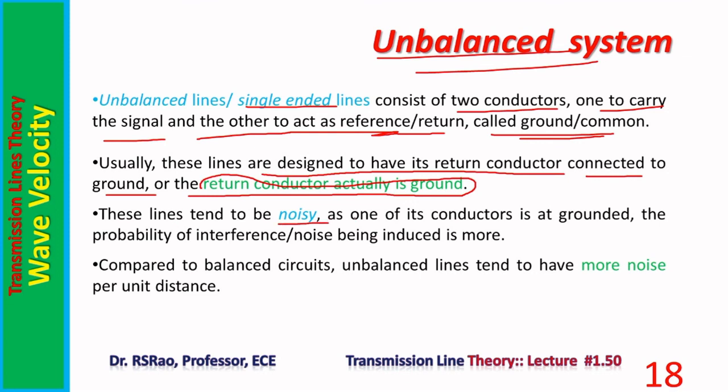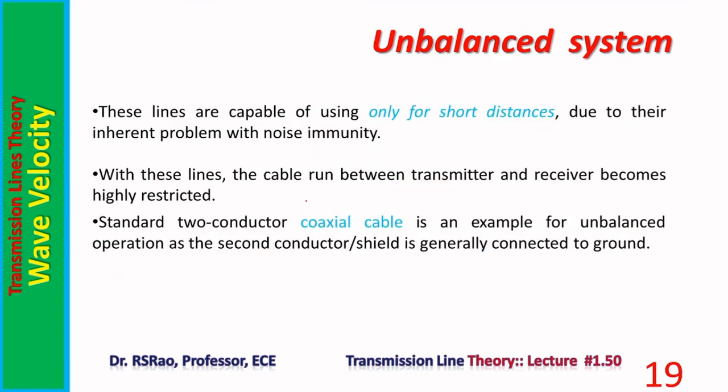As one of its conductors is grounded, the probability of interference noise being induced is more compared to balanced lines. Unbalanced lines tend to have more noise per unit distance. As already mentioned, we go for unbalanced operation only when noise is not much of a problem. It is not an issue.